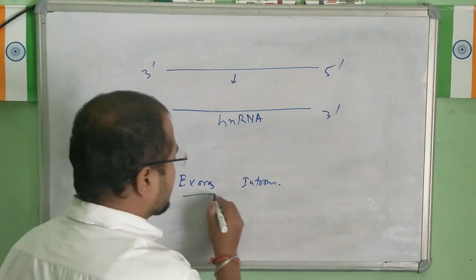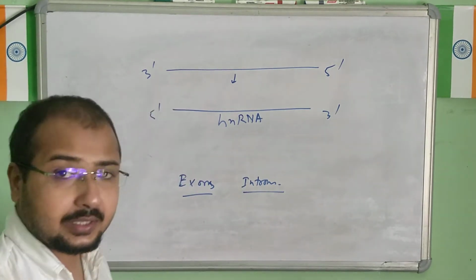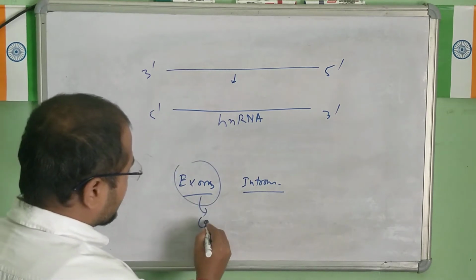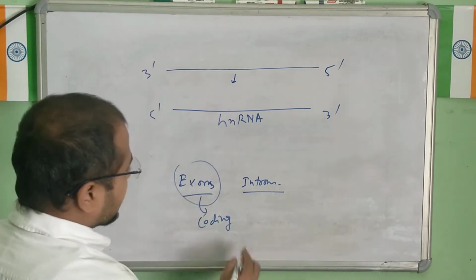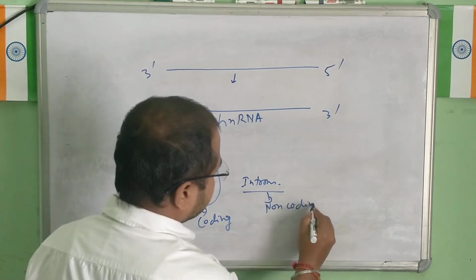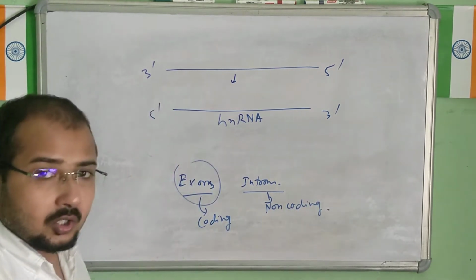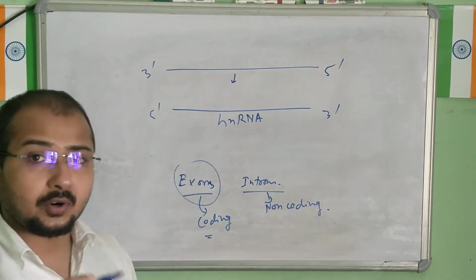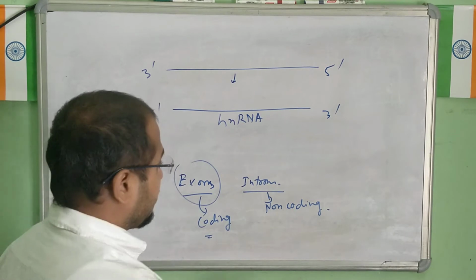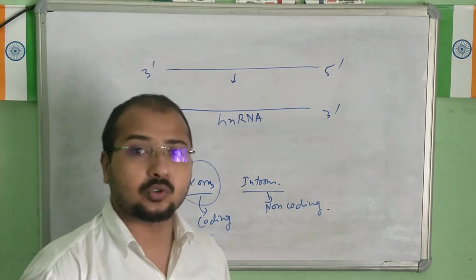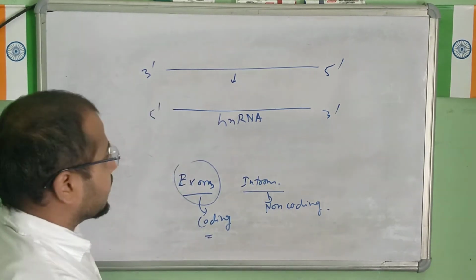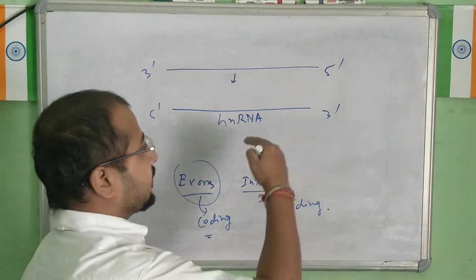Now, what are these exons and introns? We have to understand this first. Exons means coding sequences and introns means non-coding sequences. Coding sequences code for amino acids for protein synthesis. Non-coding sequences don't code for any amino acids. Okay, so what is the purpose of forming this RNA?